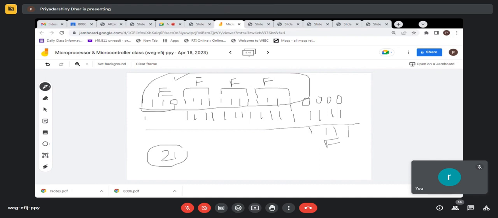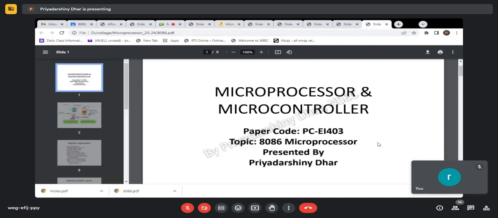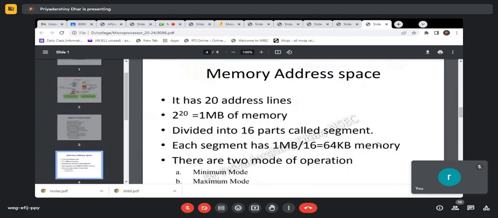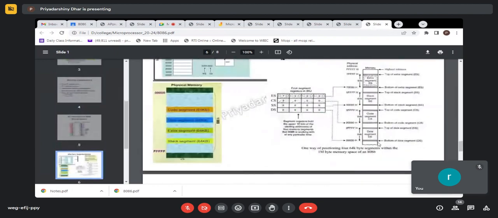So this is how to calculate the physical memory address. Now one more thing, the slide. Now this physical address is basically already calculated. This total physical memory is divided into 16 segments, and one of the 16 segments is the code segment.